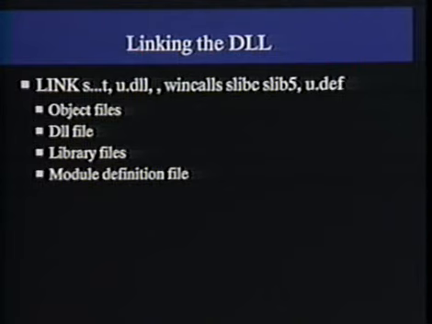Then a map file if we want one, and then the list of libraries that we need. Again, we need the C library. In this case, I'm using the small model, so I'd have slibc and slibc5. We would also need DOS calls and win calls. This slide is missing the DOS calls. And then the definitions file for the dynamic link library, which we had looked at before. Right?